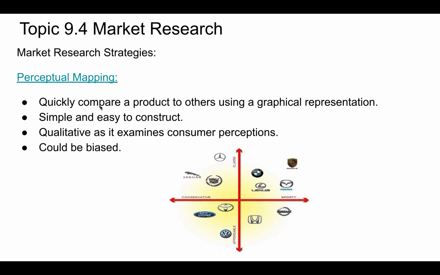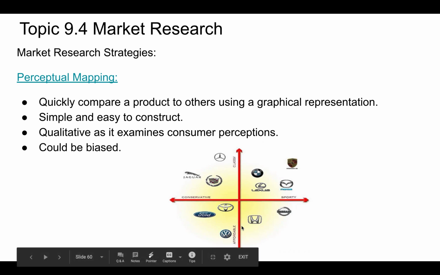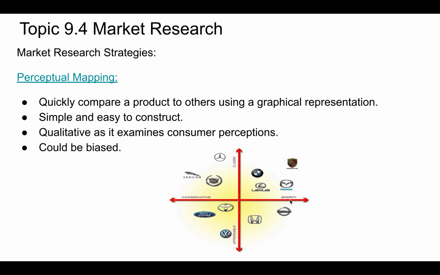Perceptual mapping. So this comes from the word perception. Perceptual mapping is basically having people share their perceived ideas about something. And usually it's done on an axis like this. On the y-axis, you'll have some opposites: classy or affordable, so expensive or affordable. You'll have conservative or sporty, right?